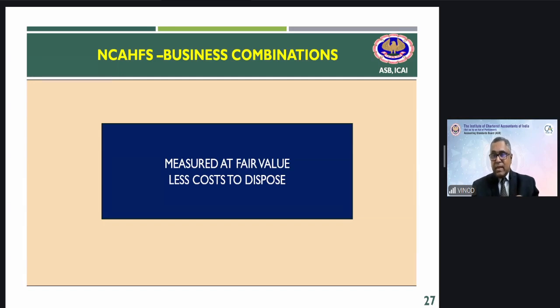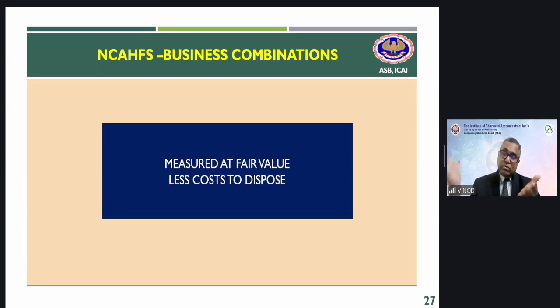But if that subsidiary is being purchased for future sale, or if there are some assets in the subsidiary which you are going to put as held for use, non-current asset held for sale, then the valuation also should change as per 105. It should not be as per Ind AS 103.